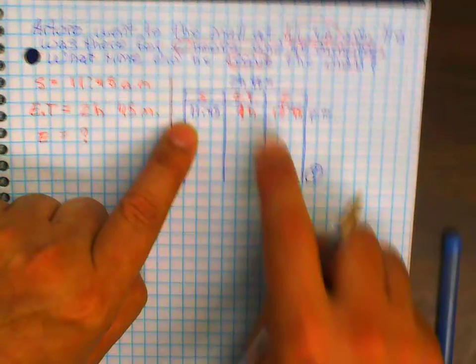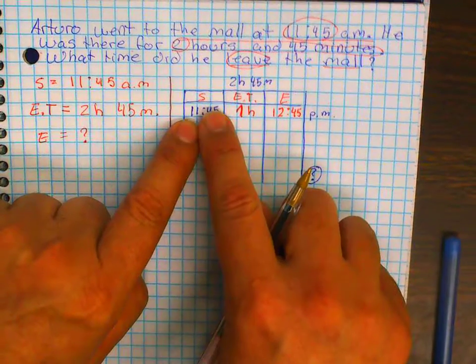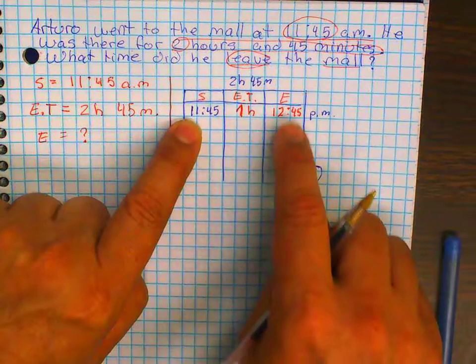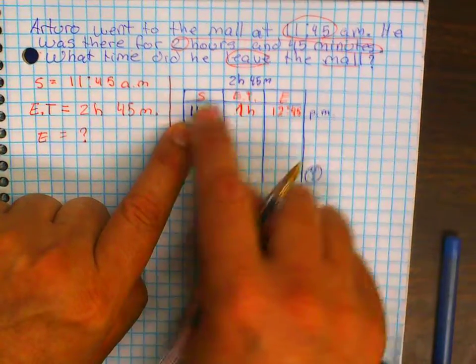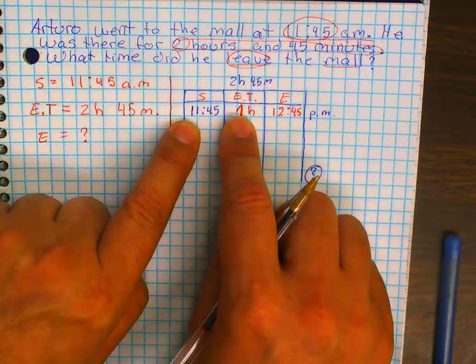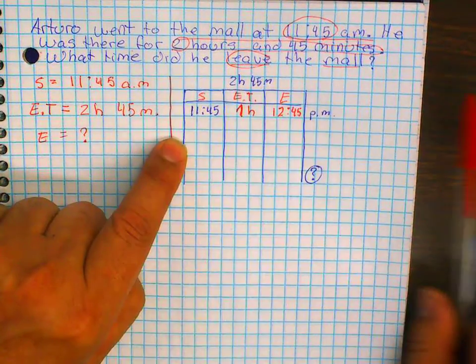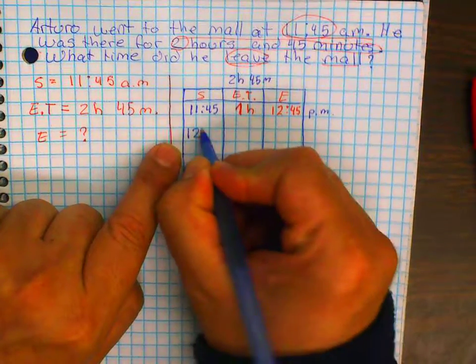We're starting one by one because I know that after 11 comes 12. So this is not difficult, but it's not exactly super easy to go from 11 to 2 hours. So I added 1 hour. I still need an extra hour. So I'm going to move this one here. It's 12:45.